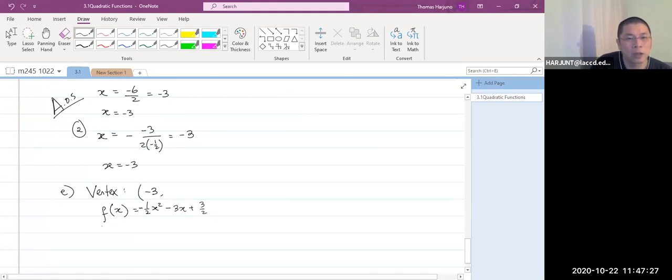So I've now plugged in x equals to -3 into the function. So I get -1/2 times 9 plus 9 plus 3/2.